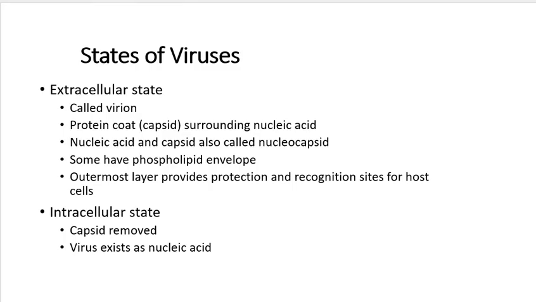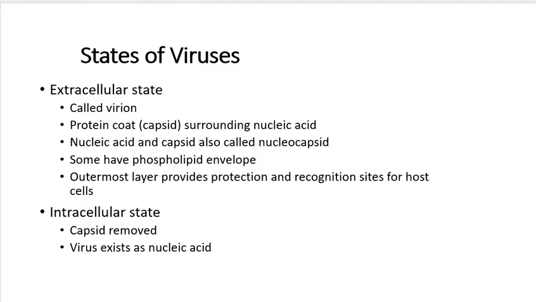So first of all, let's look at them outside the cell. They are again called a virion. They have a protein coat that surrounds their nucleic acid. And they have a capsid, and so that's called a nucleocapsid. Some of them are enveloped, and that envelope will be a phospholipid, and we'll talk about this.